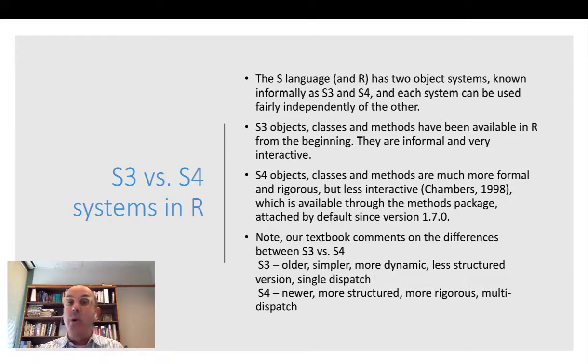It started with S, which is very informal, very interactive in what it actually does. The S4, in comparison, has classes and methods that are much more formal and much less interactive, available through the methods package, attached by default since version 1.7.